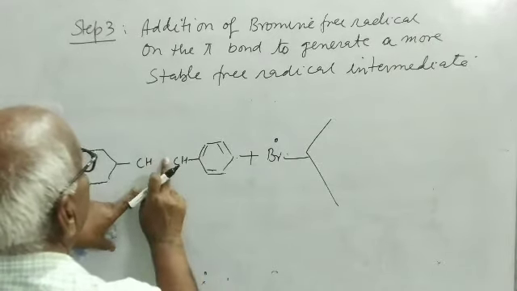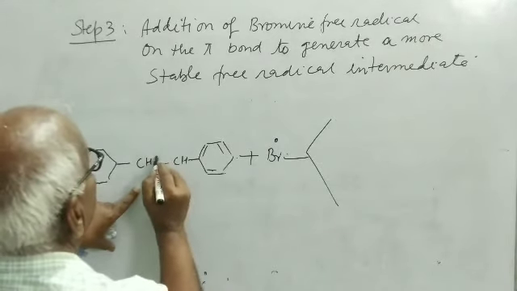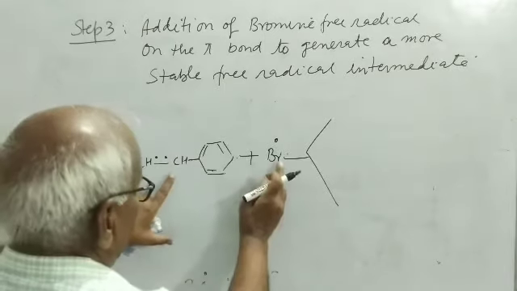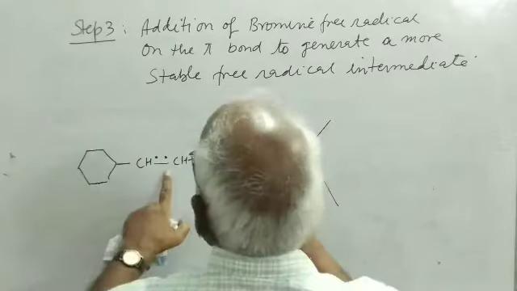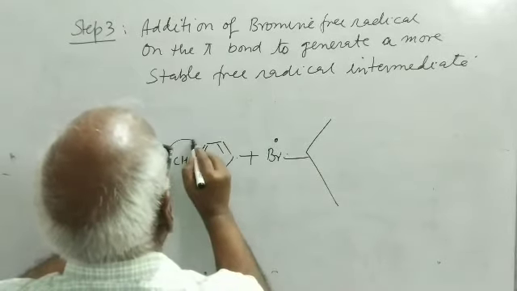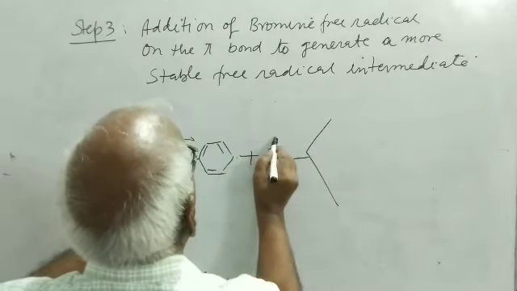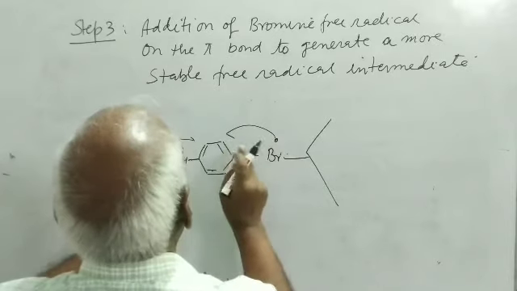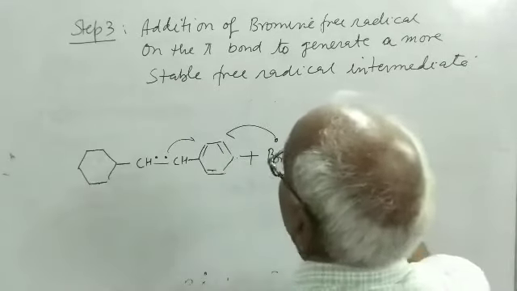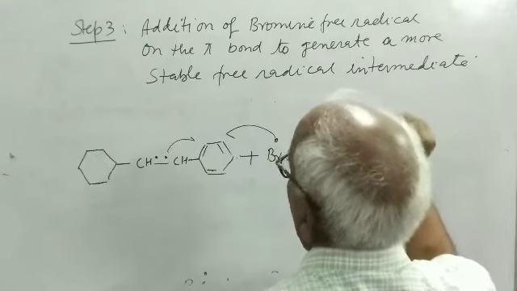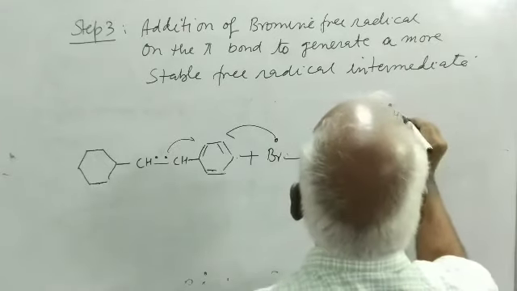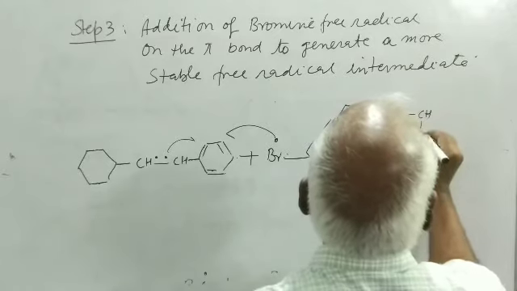I can write like this. This is the pi bond. If this bromine free radical couples with this carbon atom, then it will give CH Br.